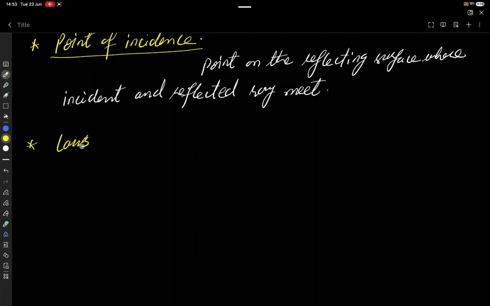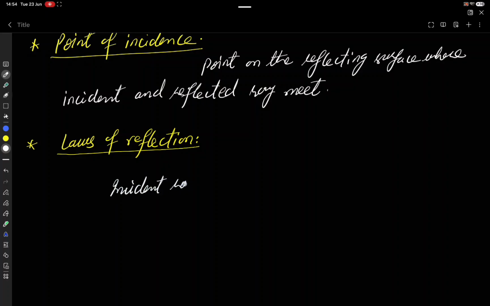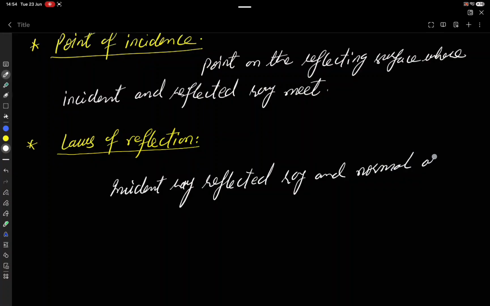Laws of reflection. The incident ray, reflected ray and normal all lie in the same plane.